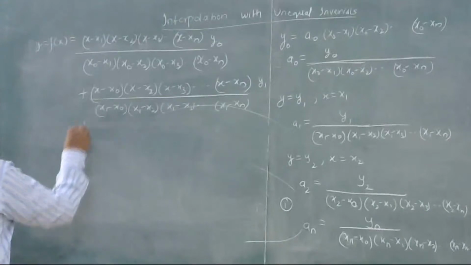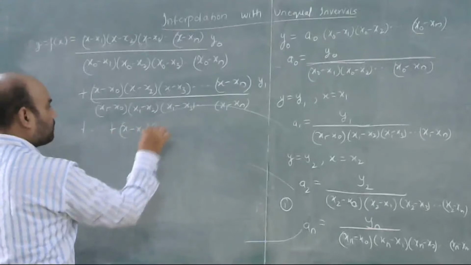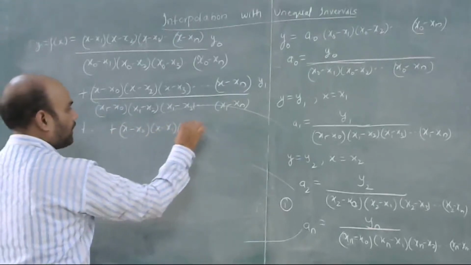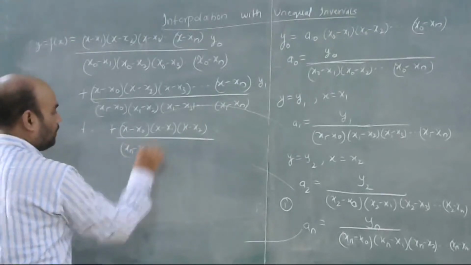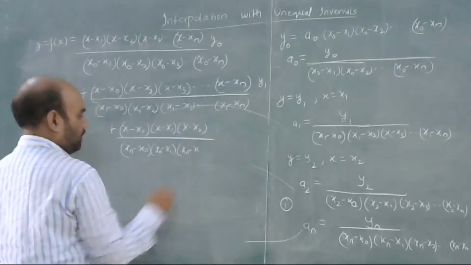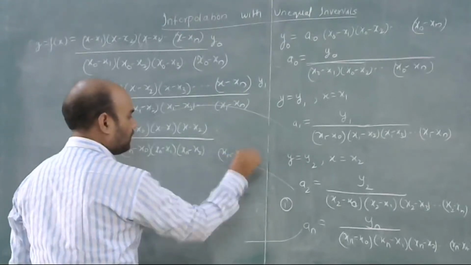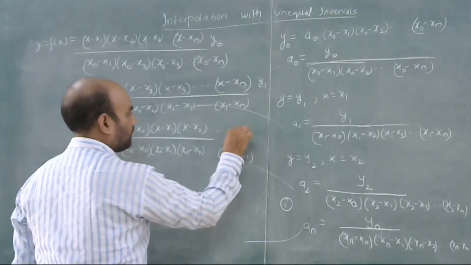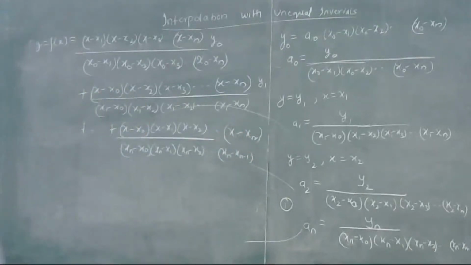So up to the nth term, this will be (x − x0)(x − x1)(x − x2) and so on, whole divided by (xn − x0)(xn − x1)(xn − x2) and so on, into yn.